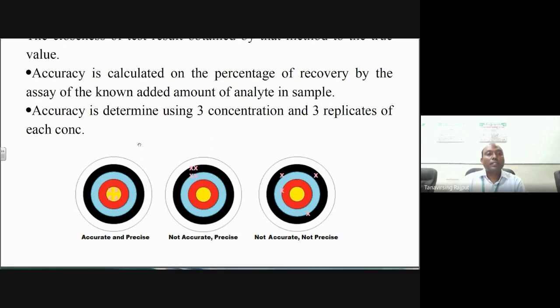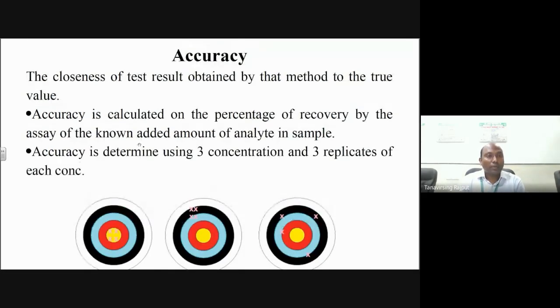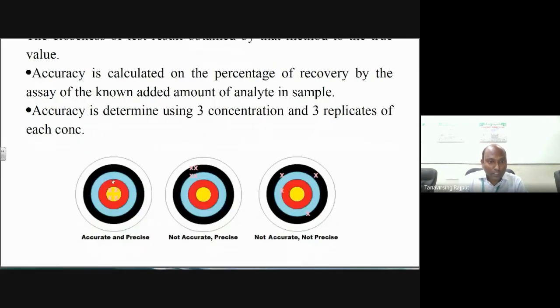As per the ICH guideline, what is meant by accuracy? It is the closeness between our sample result and our reference result. Which one is our reference result? The yellow colored portion is our reference result. In the first diagram, we can say there is closeness between our sample result and our reference result.